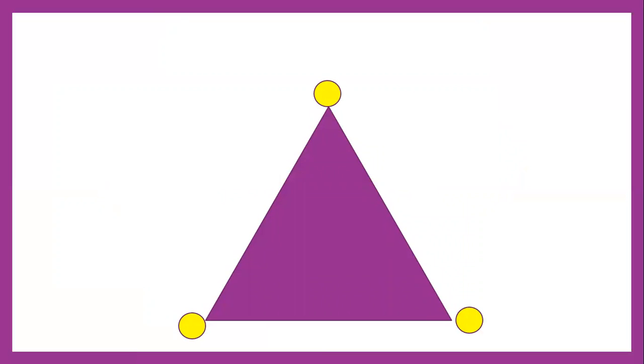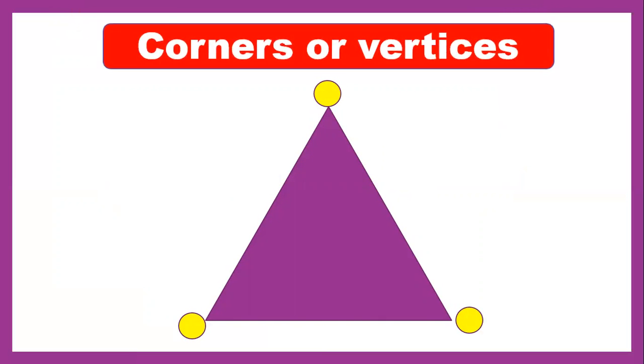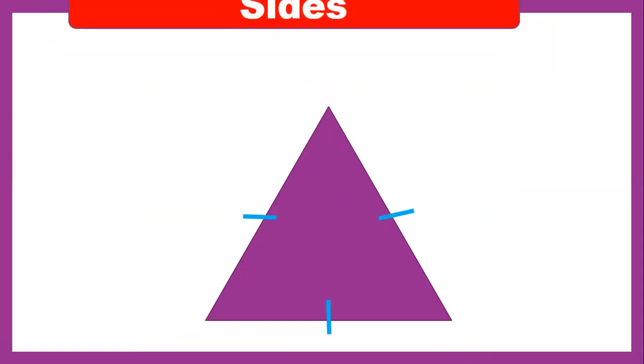Now let's count the corners and vertices. There are two basic names for when you count the corners or vertices. Now look at this triangle. It has three vertices: one, two, and three. And let's count the sides.